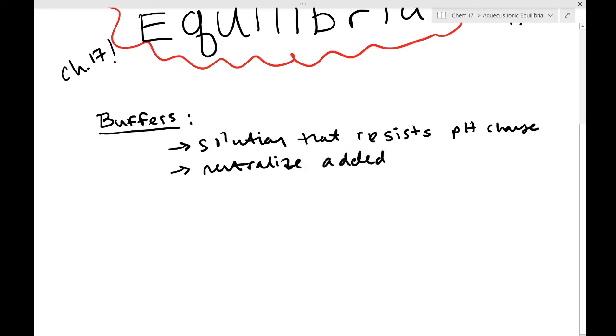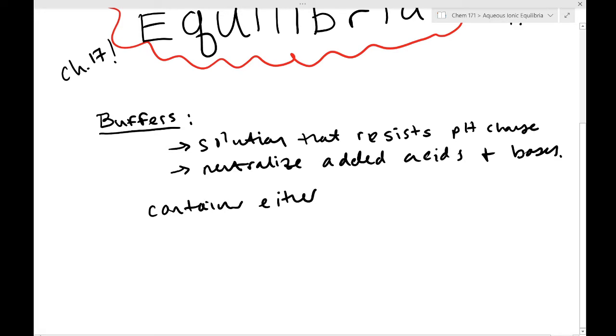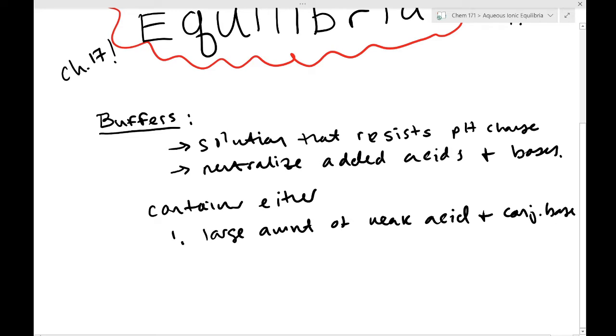And a buffer contains either one, a large amount of weak acid and conjugate base, or a large amount of weak base and conjugate acid.